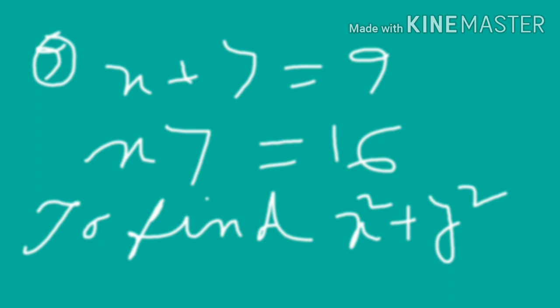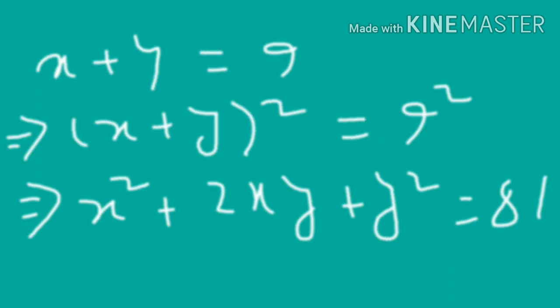Question number 9. Here given x plus y is equal to 9 and xy is equal to 16. We need to find x square plus y square. So x plus y equal to 9 is given, on both sides do the whole square. Then the left hand side is in the form (x plus y) whole square, that means (a plus b) whole square form: x square plus 2xy plus y square is equal to 81. 9 square means 81. Now the xy value is given as 16, so we will put that in.